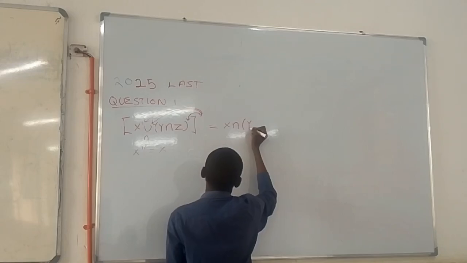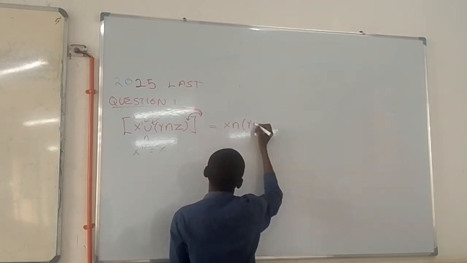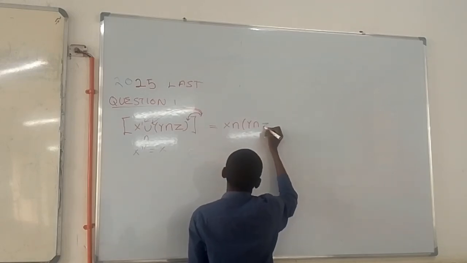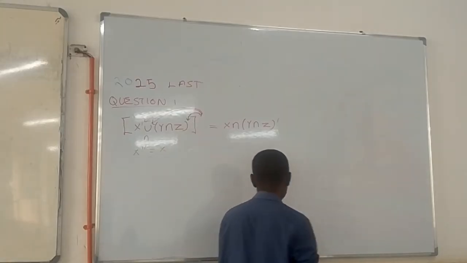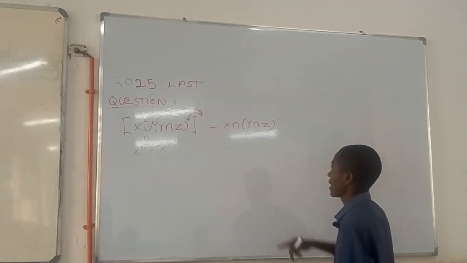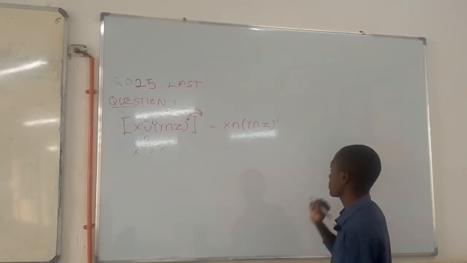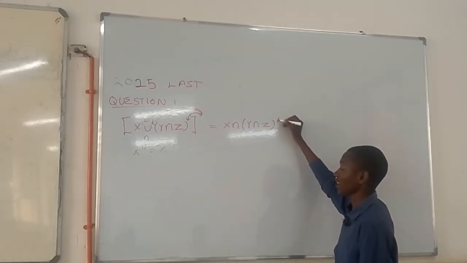Good. So what we will get is x intersection, open bracket, y intersection z, then the complement. It's easy to see. So when we reach this point, we need to deal with the complement.